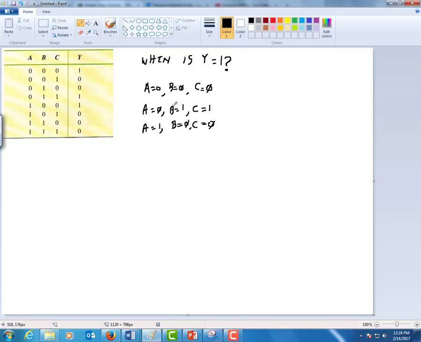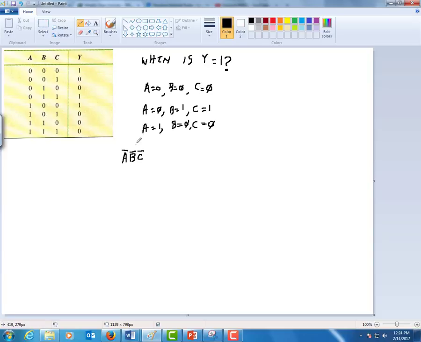So let's speak these things, and let's write it as we speak about it. Y equals 1 when A, I'm going to call it A bar, with B bar and C bar, right? So when A is 0, and B is 0, and C is 0. That's basically an AND gate.